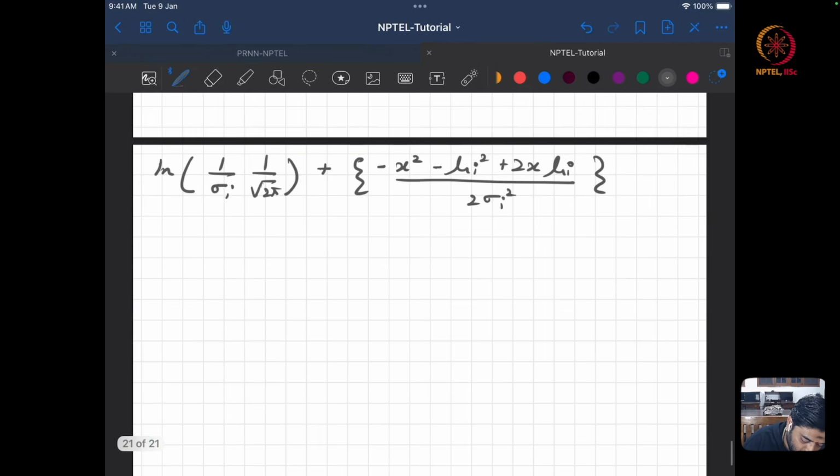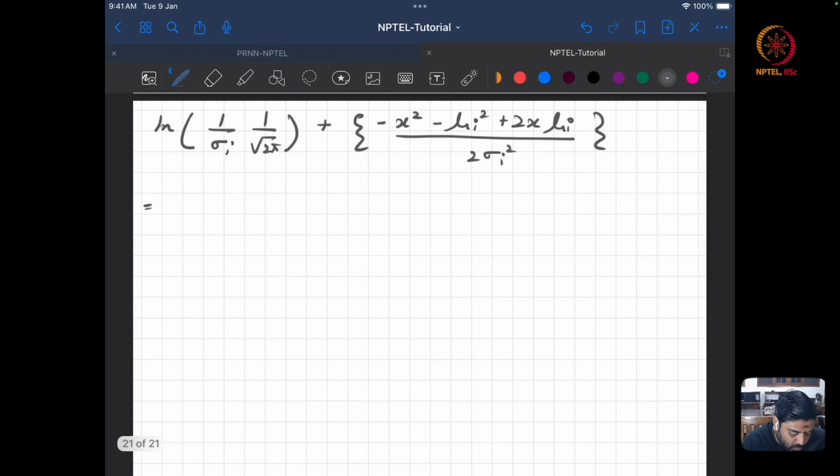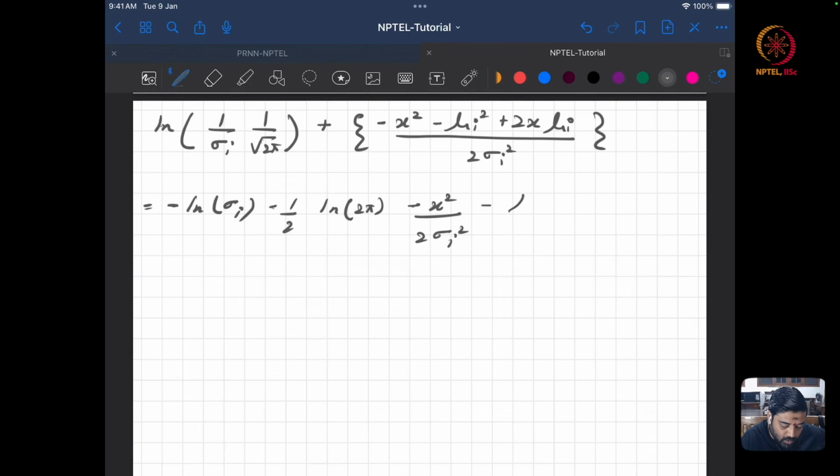Now this can easily be written as minus log of sigma i minus half into log of 2 pi minus x square divided by 2 sigma i square minus mu i square divided by 2 sigma i square plus 2x mu i divided by 2 sigma i square. Okay, now this is the case.